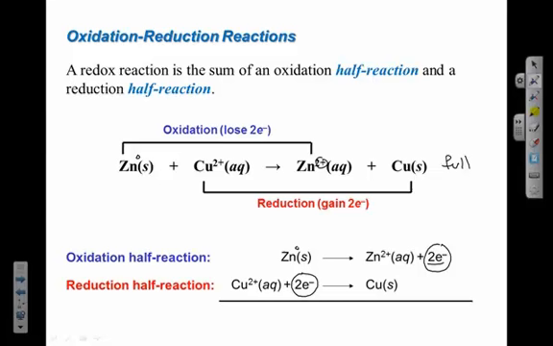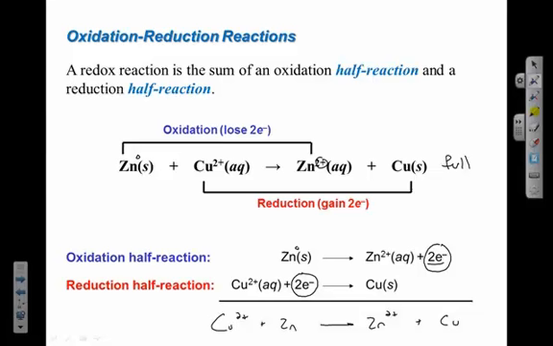And since those are equal, my reaction is balanced, and I can write the full reaction as just the sum of the 2 half reactions. There will be other examples, which we will see, where if one half reaction produces more electrons than the other half reaction accepts, then I have to change the coefficients here to balance it.